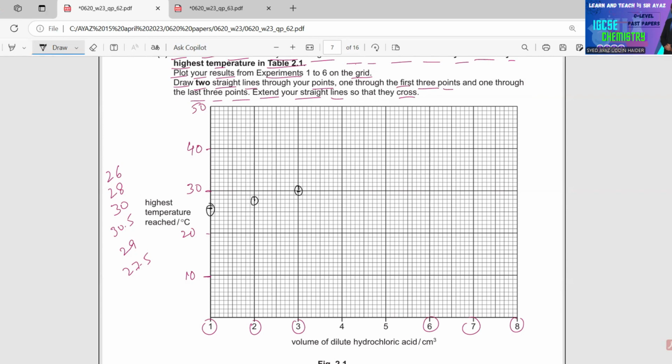For volume 6, we have 30.5. It must be here. For 7, we have 29. 29 must be here. For 8, we got 27.5. So it must be here.